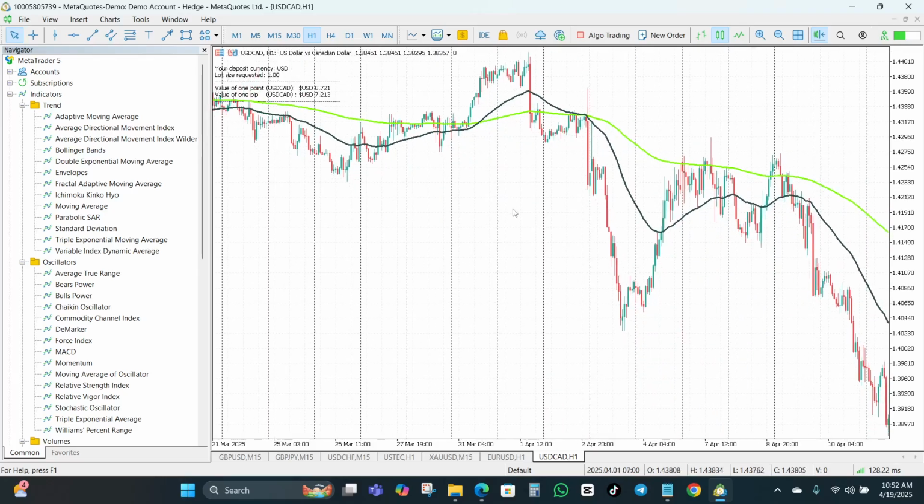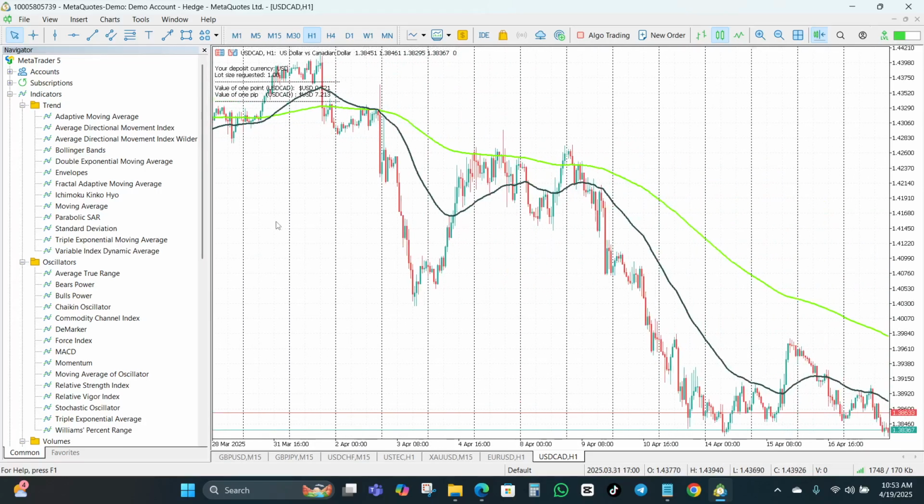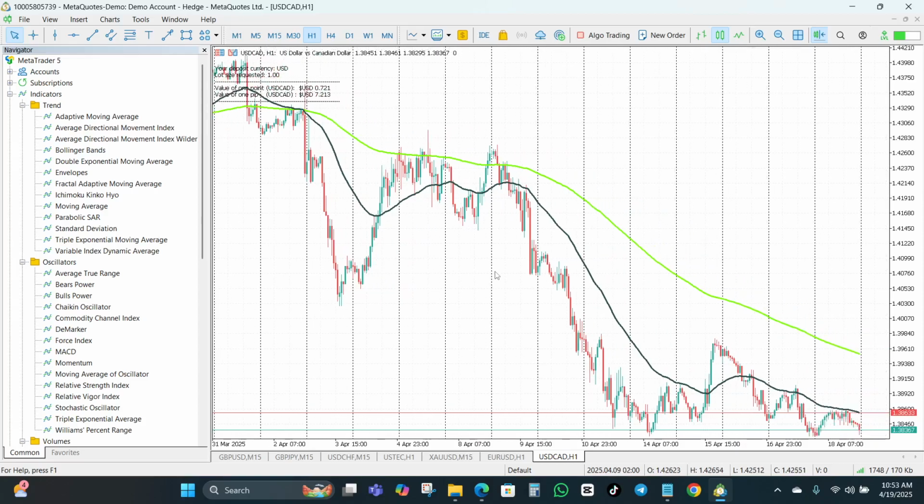If the price is below the 200 EMA, you are looking at a downtrend. Exponential moving averages are also used for crossover strategies and dynamic support and resistance.